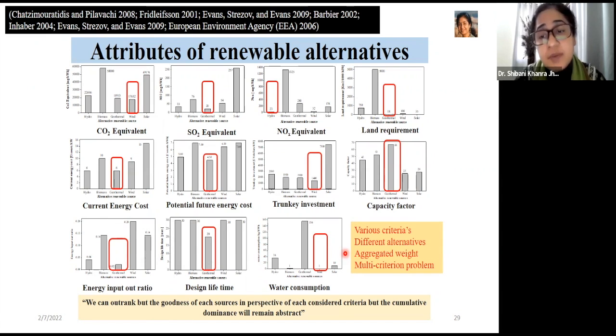So we have different alternatives, then various criteria to be taken into consideration, and then finally we come out with some aggregated weight to judge different alternatives. So this turns out to be a multi-criterion problem.